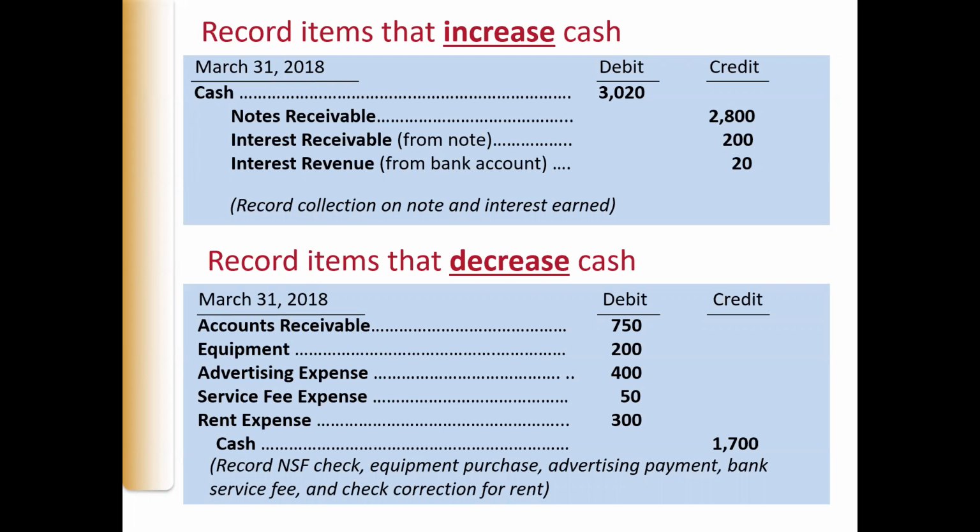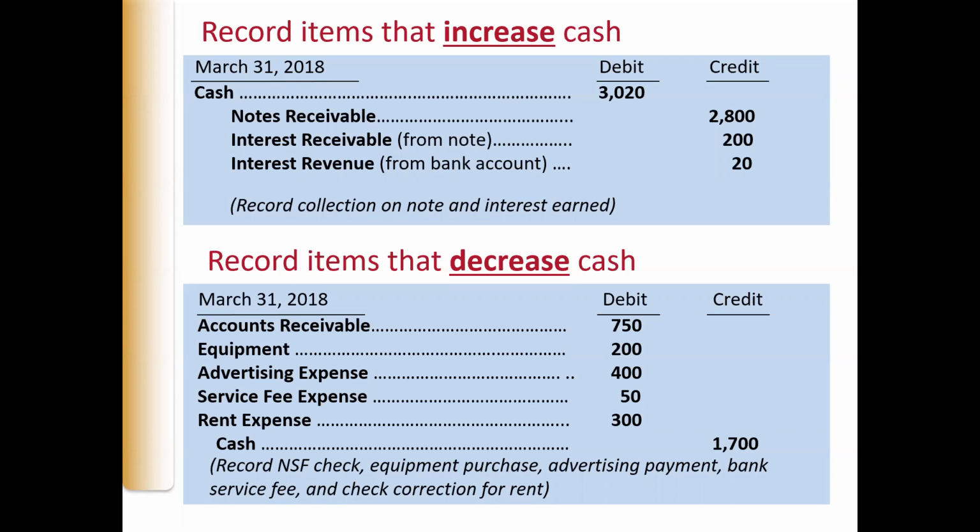The items that decrease our cash, we will credit that to cash. And we'll debit everything else. Our accounts receivable, the NSF check from a customer, we thought cleared their account, zeroed it out. But since it wasn't good, they now still owe us that money.